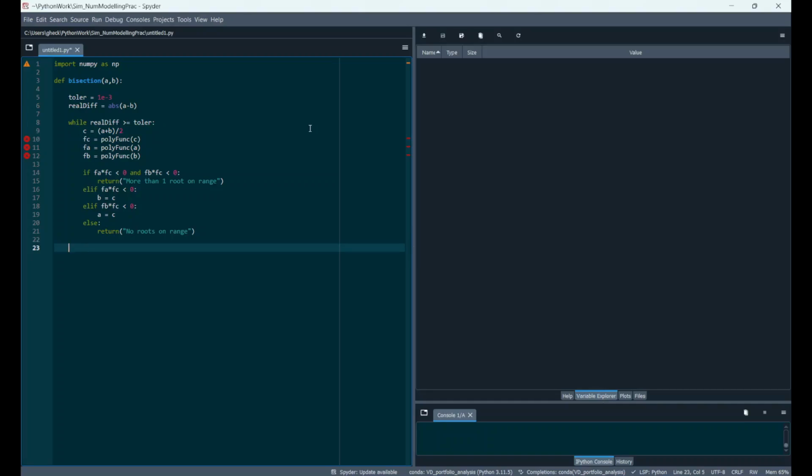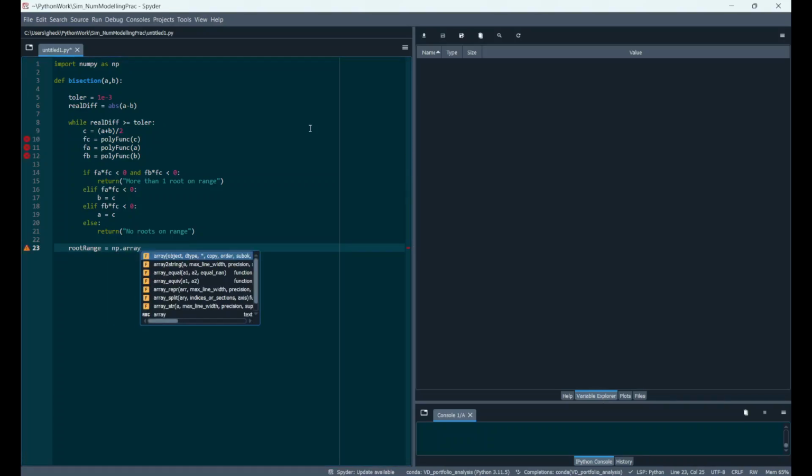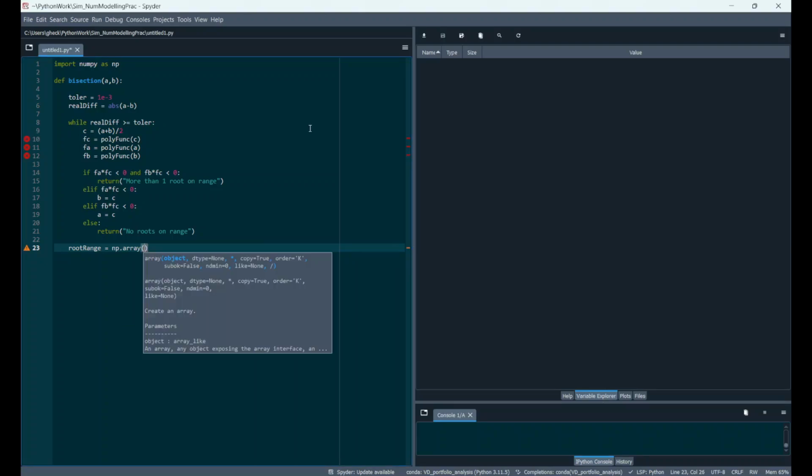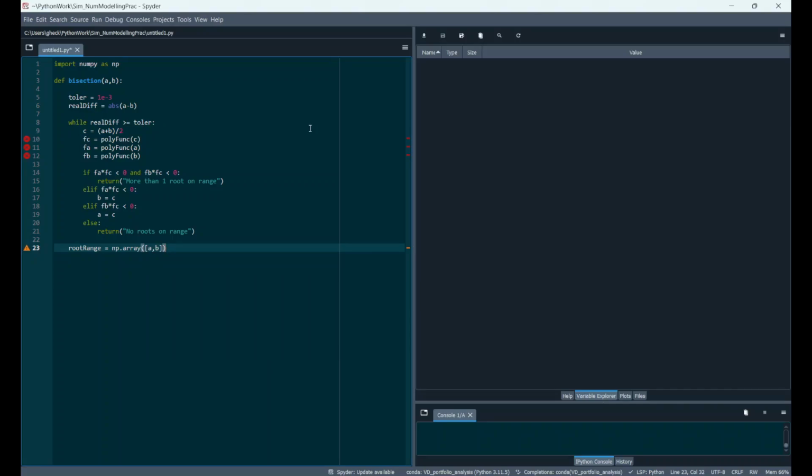And then what we're going to do is say simply the root range that we are now using is this numpy array that we're setting up. I'm doing this, I don't know why, I'm just deciding to do it this way. And then we're going to return this root range, and you'll notice that this is outside the while loop.